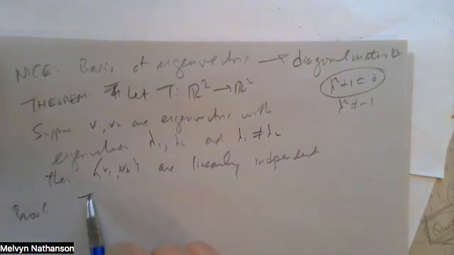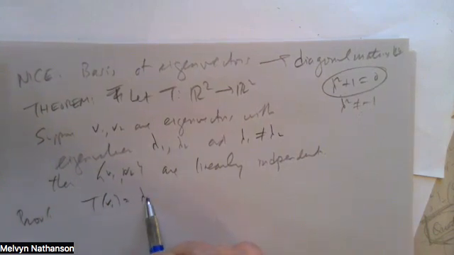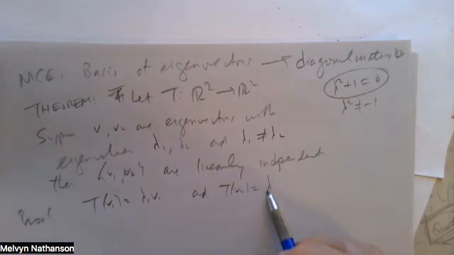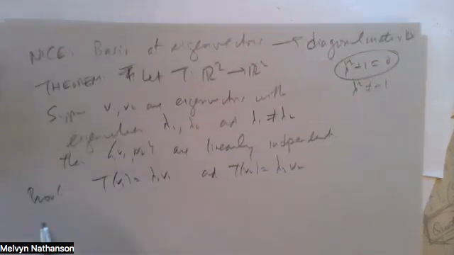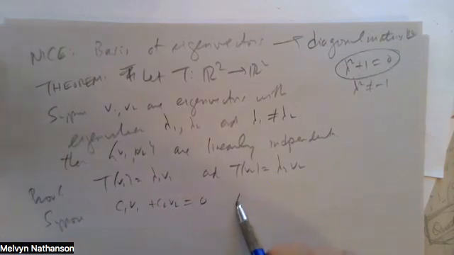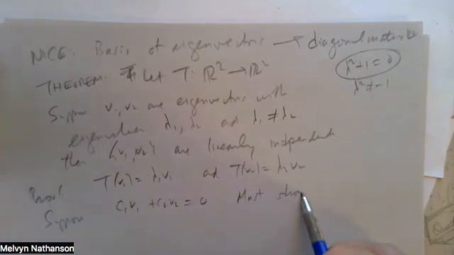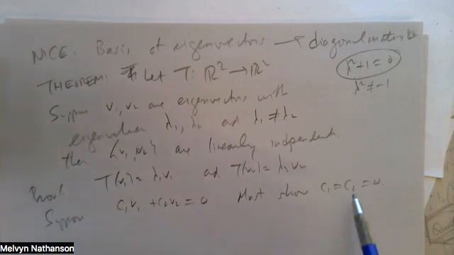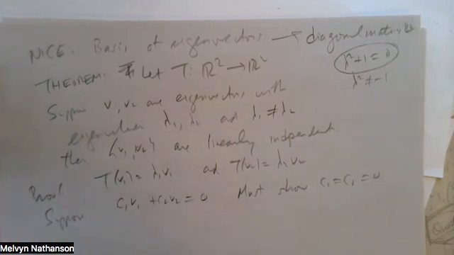So we have T of V1 is lambda 1 V1, and T of V2 is lambda 2 V2. Suppose some linear combination C1 V1 plus C2 V2 is the zero vector. We have to show C1 equals C2 equals 0. That is, the only linear combination of V1 and V2 that gives the zero vector is the trivial linear combination when both coefficients are 0.